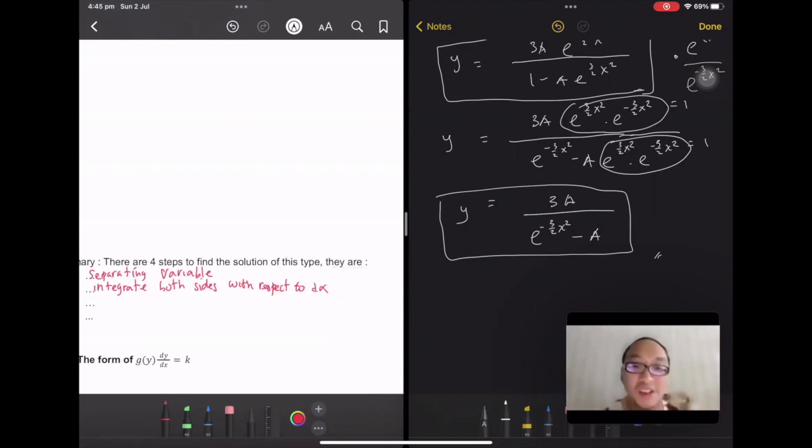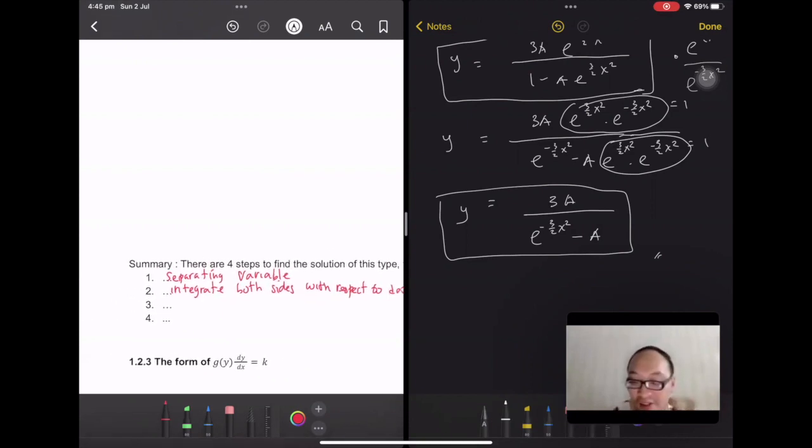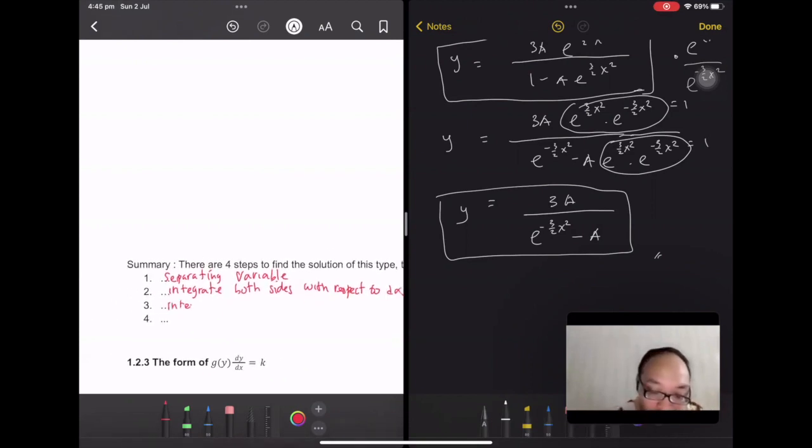After that, we can integrate them normally, as usual, using the suitable methods. And then the last one is to simplify and make y the subject.